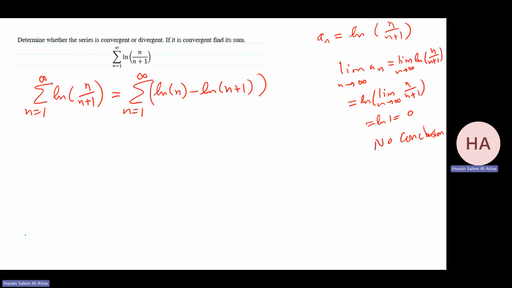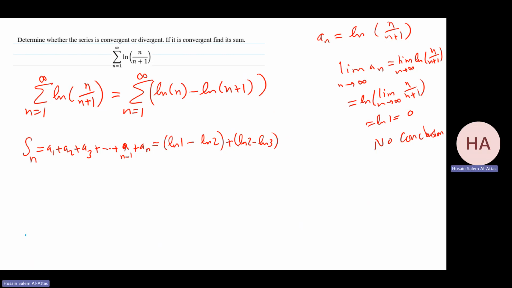Now it's clear. So I have Sn, which is a1 plus a2 plus a3 up to a n minus 1 plus an. That gives me ln 1 minus ln 2 plus ln 2 minus ln 3.